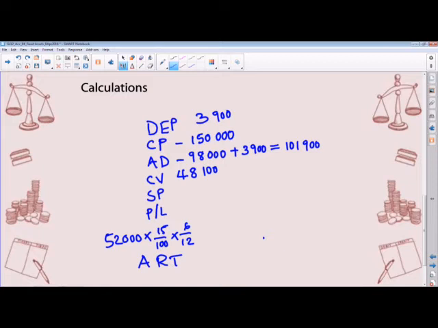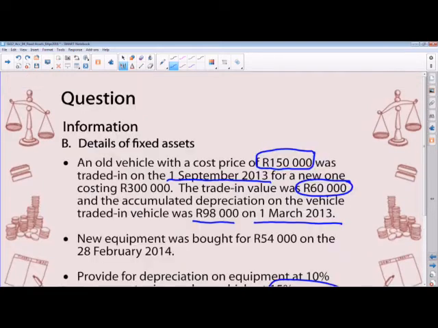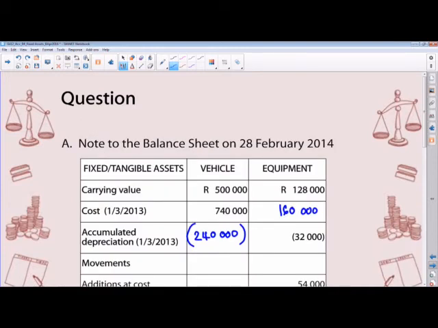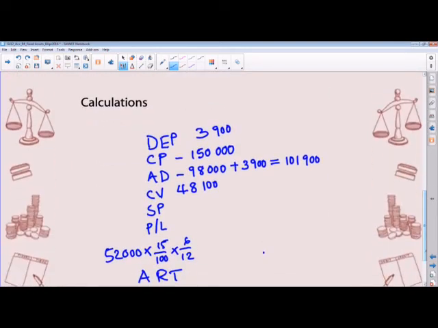I now go back and find out what was my selling price. This vehicle was traded in for 60,000. Immediately coming back here, I say, right, selling price 60,000. Okay? And clearly you can see that on this particular disposal, we have made a profit.